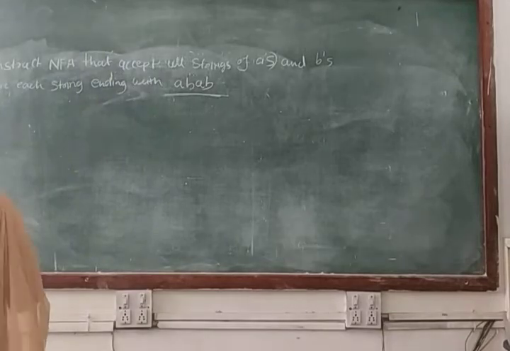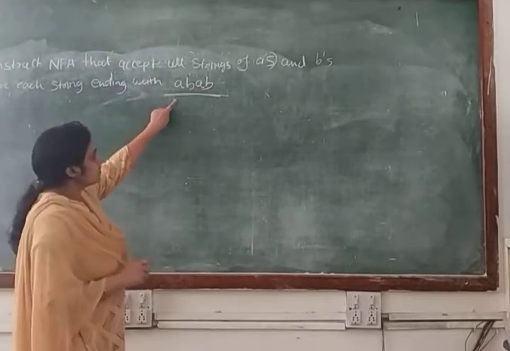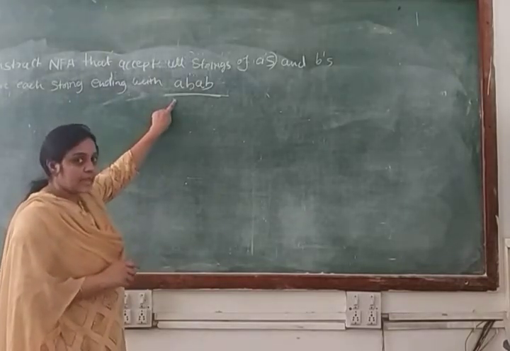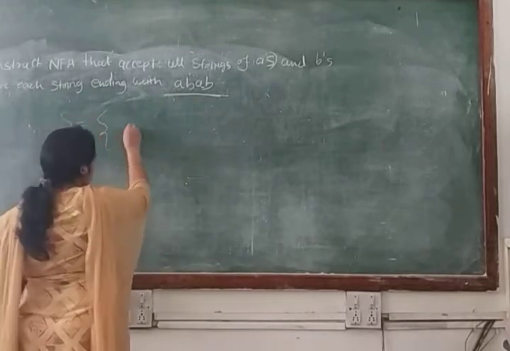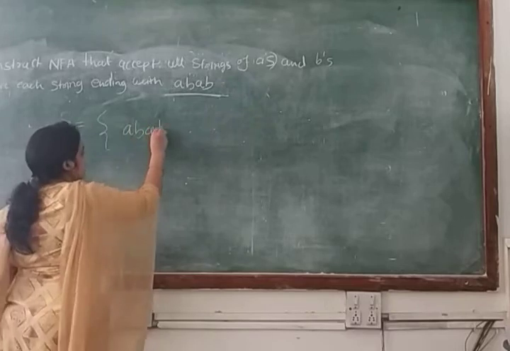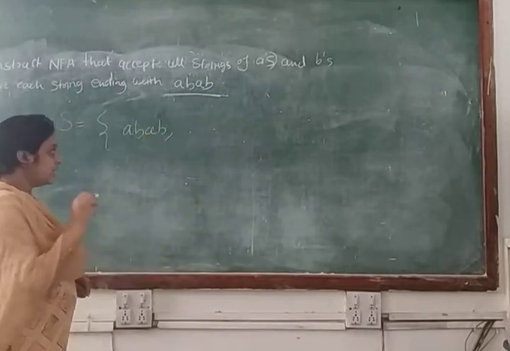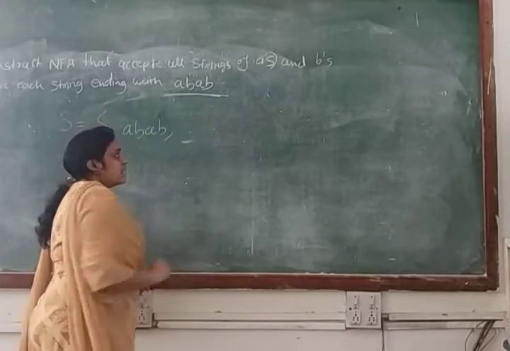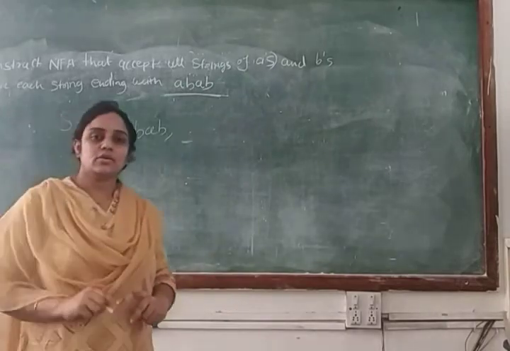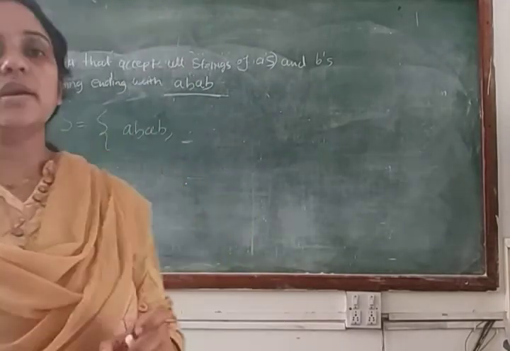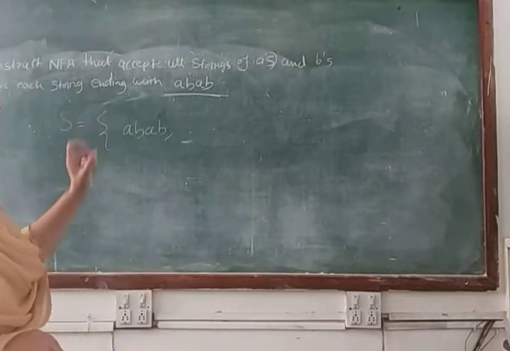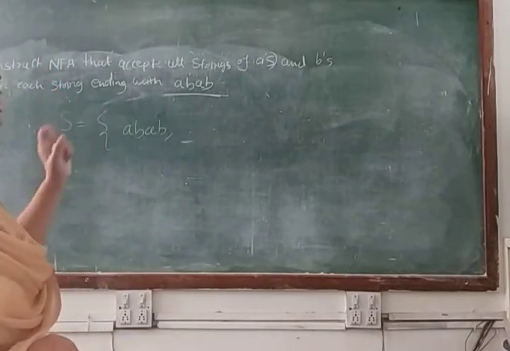So we will make the machine for the smallest length string, and that will be ABAB. If you see your question, you will get the idea that there is no starting condition. You only have an ending condition: your string should end with ABAB.